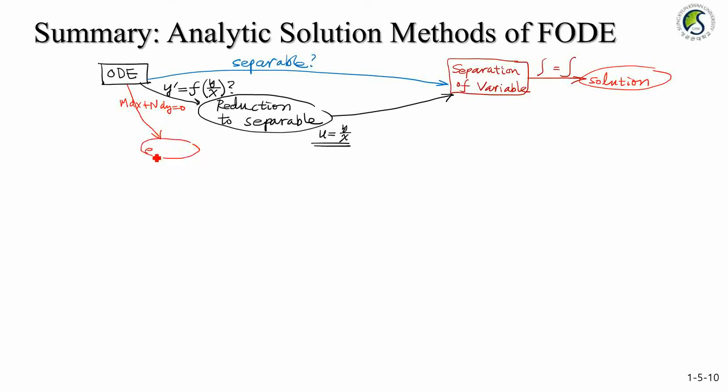If it's exact, with dM over dy equal to dN over dx, this is the exactness condition to check it, and if it's yes, then you could solve using the exact ODE method. At the end, this one is also separating the variables to get the solution.